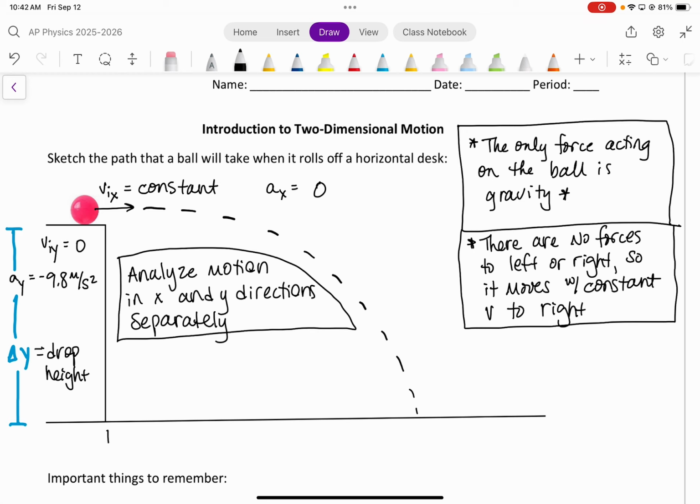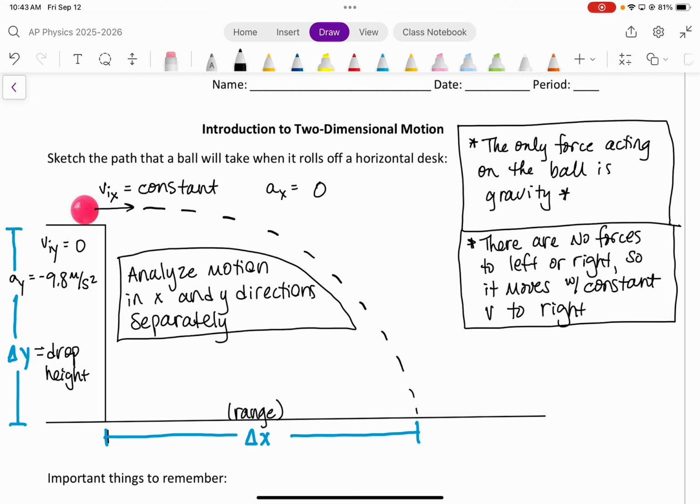And then this distance here, I'm going to call delta x. And sometimes this is called the range. You'll see that term occasionally.